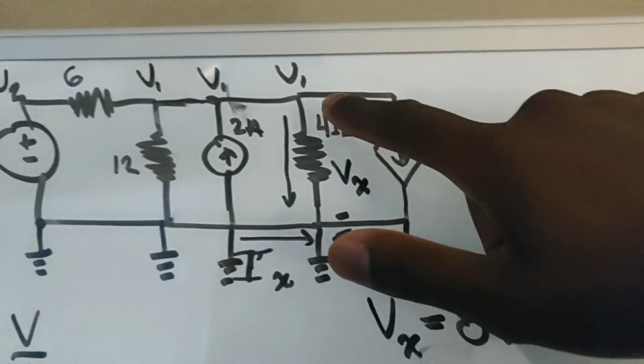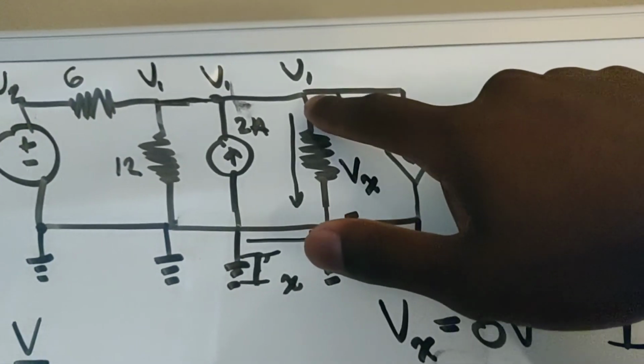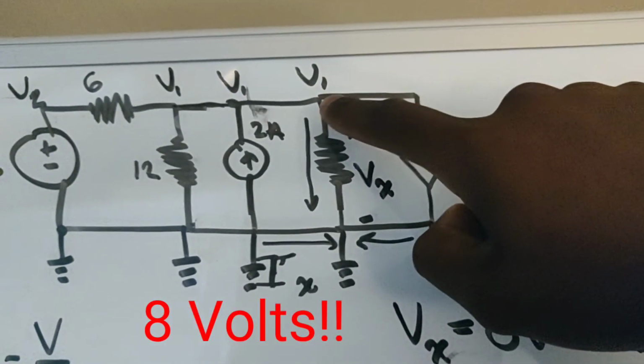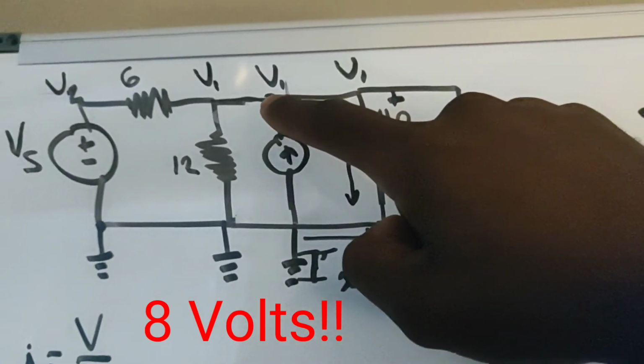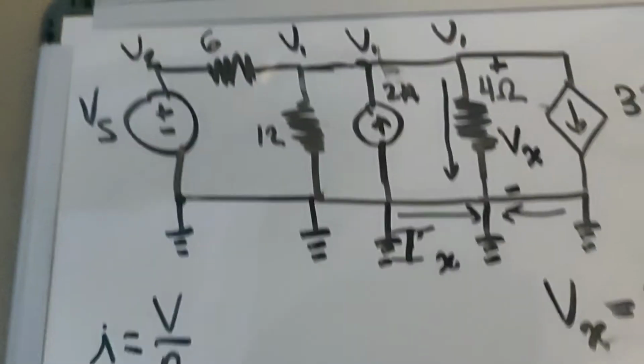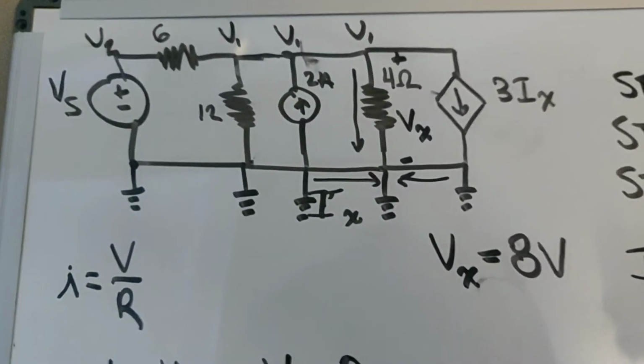We know the voltage going across this branch right here. We know we have 8 volts right here at the top of this branch. So we should also have 8 volts at this point and at this point if the principle still holds.